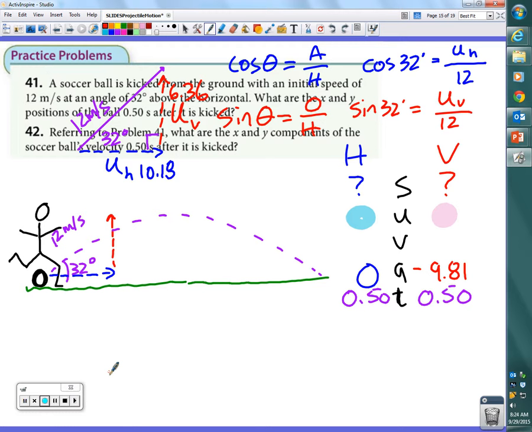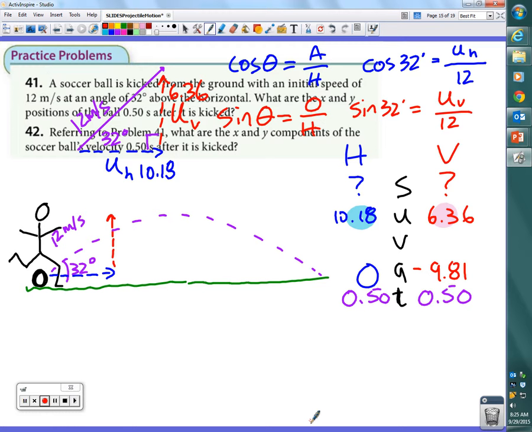But more importantly, to where we're headed with this problem, we said because that 12 is the initial velocity, the two sides of that triangle become the initial velocity horizontal and vertical. Okay? Good there?